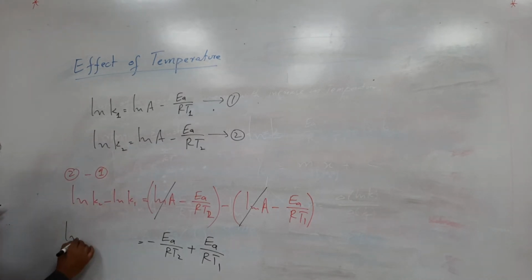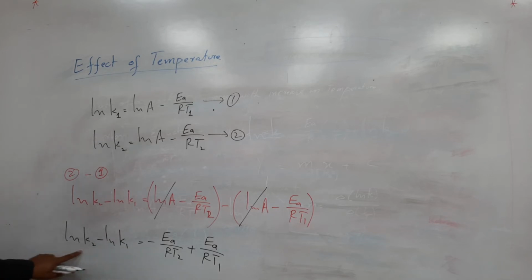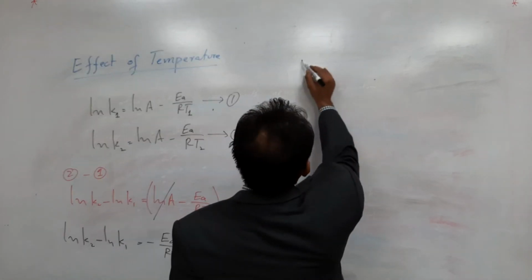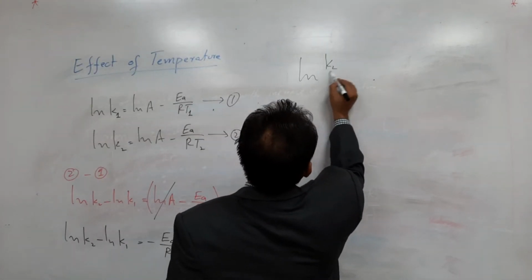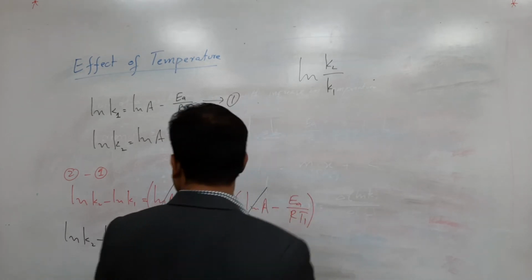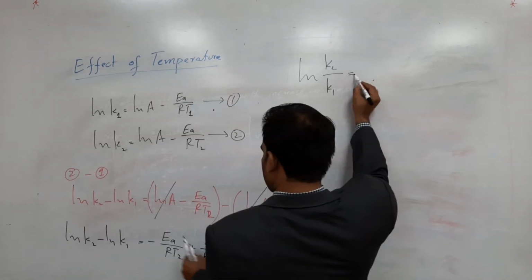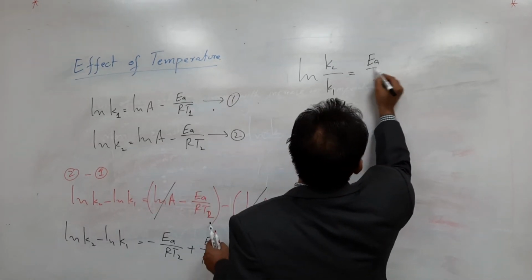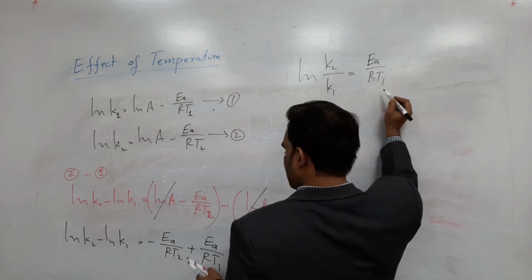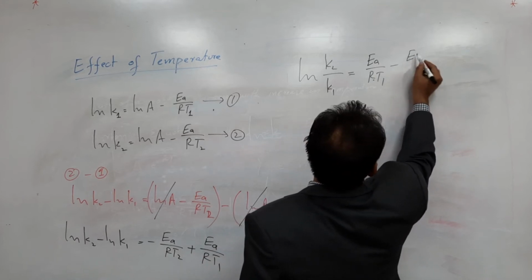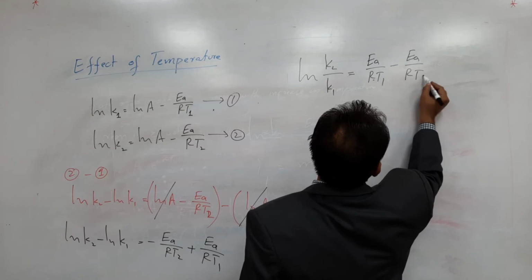Here you have natural log of K2 minus natural log of K1. Okay. Now you can write this part by using the concept of natural log K2 over K1, and this will be equal to EA over RT1 minus EA over RT2.